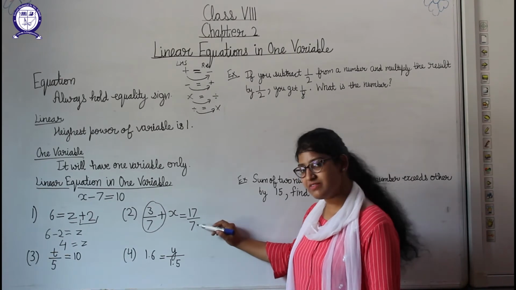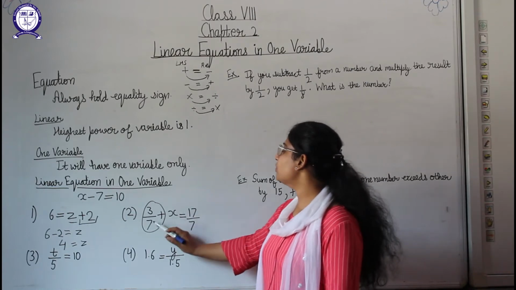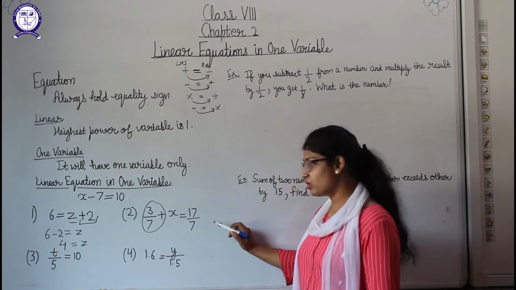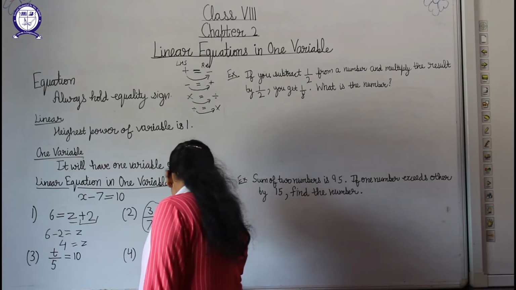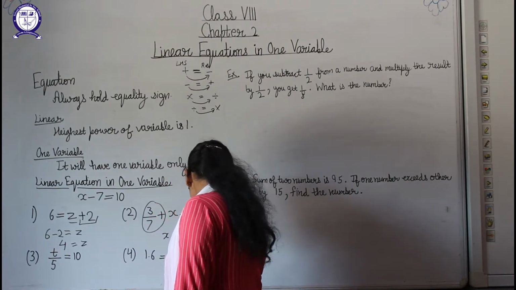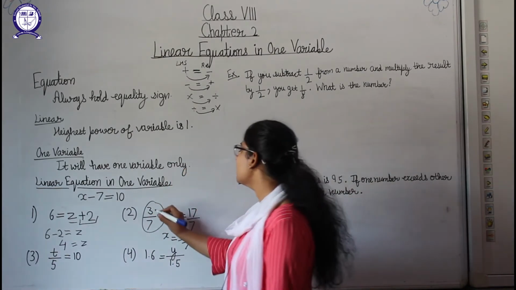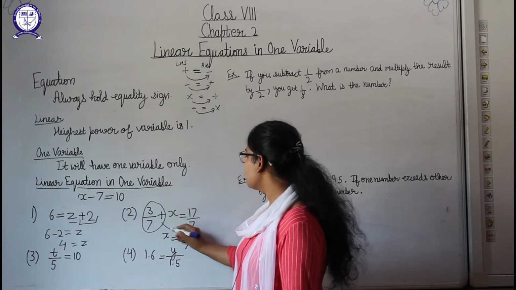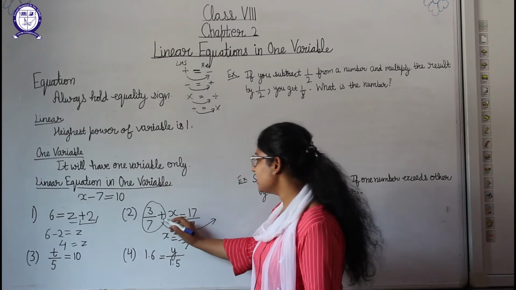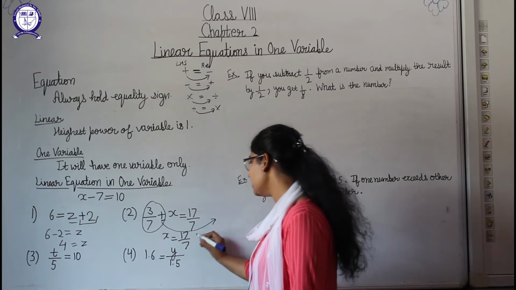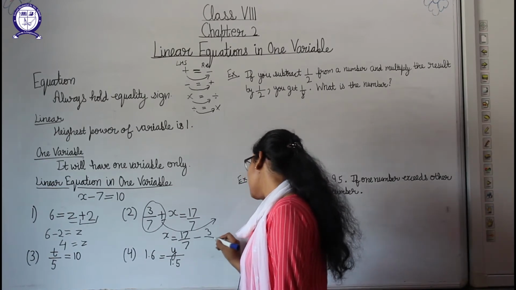Here 17 by 7 is already here, so we will put 3 by 7 after this. Okay, so here x will remain like this. We have 17 by 7 here, and we will shift this 3 by 7 to here, and as it is adding here, it will be subtracting there, so minus 3 by 7.